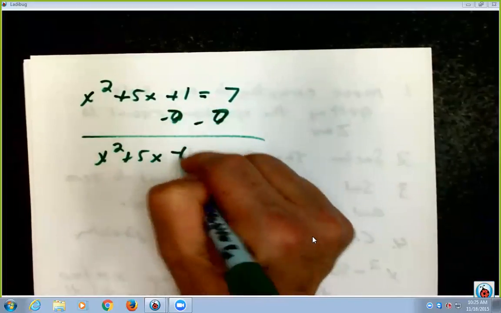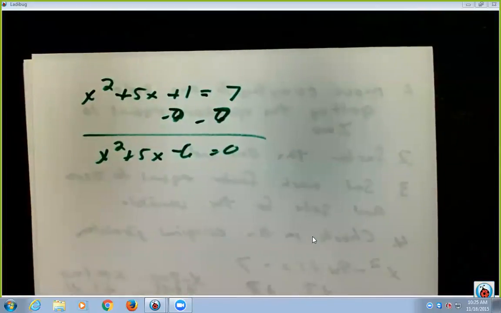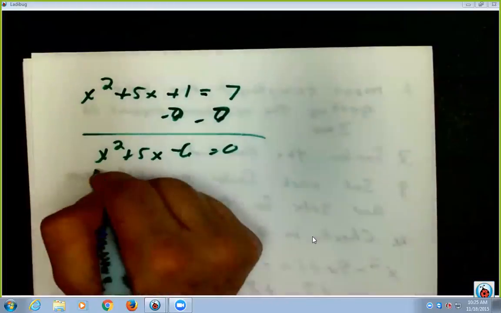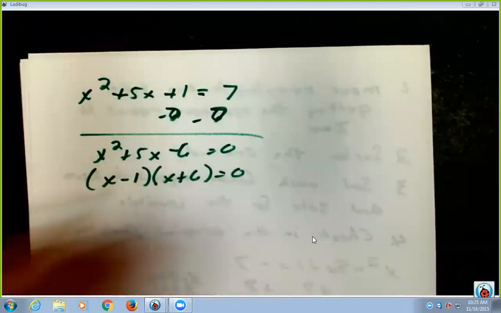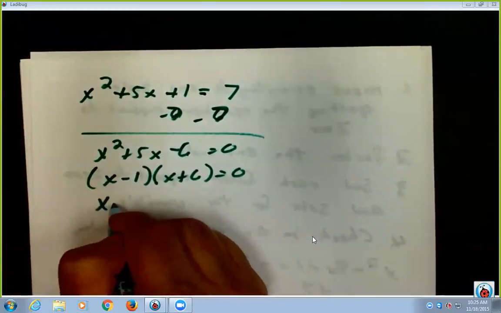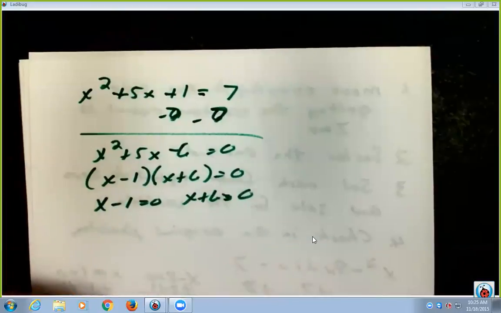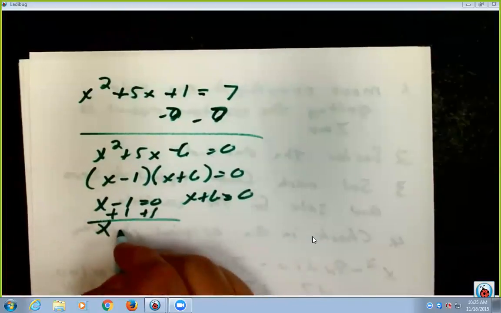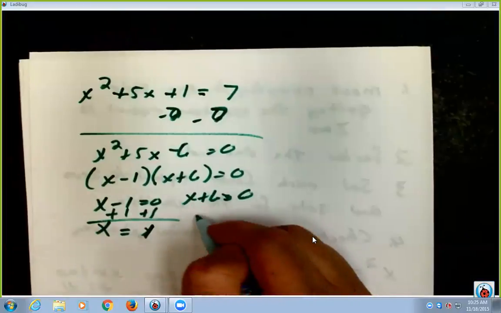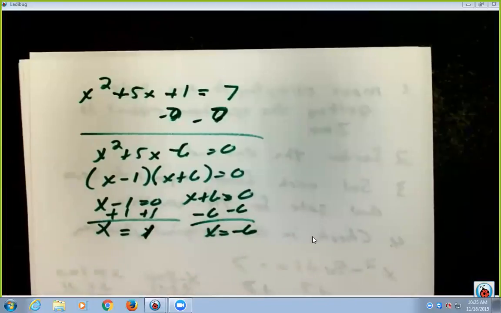You get a minus 6. We were thinking ahead of the game there, I guess. So x minus 1 equals 0. And so finally, add 1. X equals 1. X equals a negative 6.